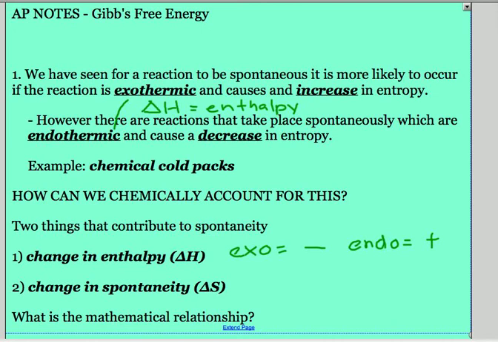The first one is your enthalpy, which is your exos and endos, and the second thing is entropy. So those 2 together combine to form the #1 equation ever, which is Gibbs free energy, and that's what we're going to use. When they say is something spontaneous or not, this is how you know.